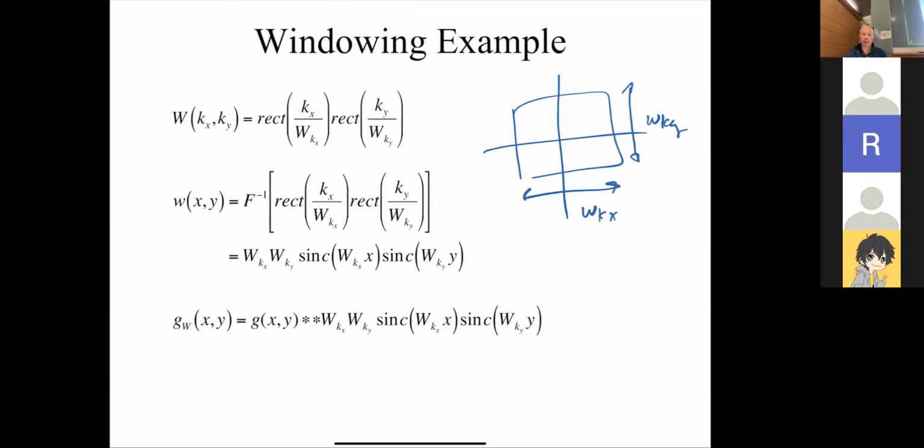That's the size of my window. The inverse transform of that is a sinc function of wkx x and a sinc function of wky y. To know the effect on my image, I take my object and convolve it with these sinc functions.